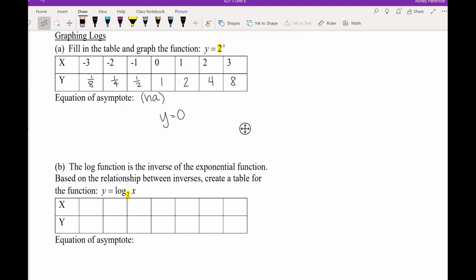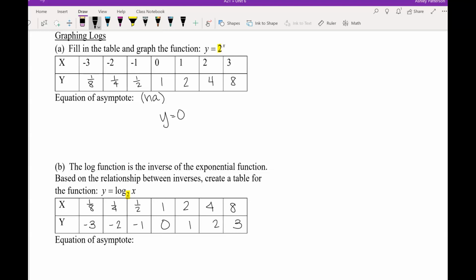So we can switch the x and y's because their domain and their range elements switch by definition of an inverse pair. So our x's now are 1/8, 1/4, 1/2, 1, 2, 4, and 8. And the y values are -3, -2, -1, 0, 1, 2, and 3.